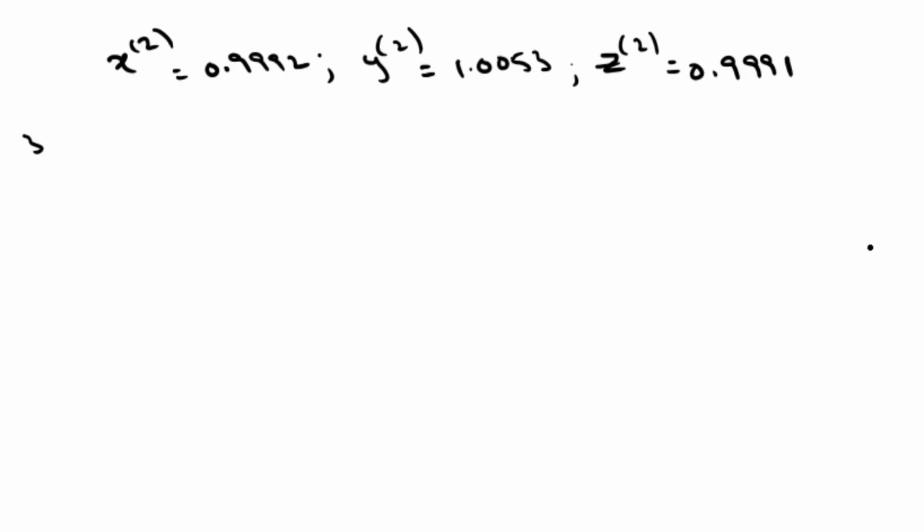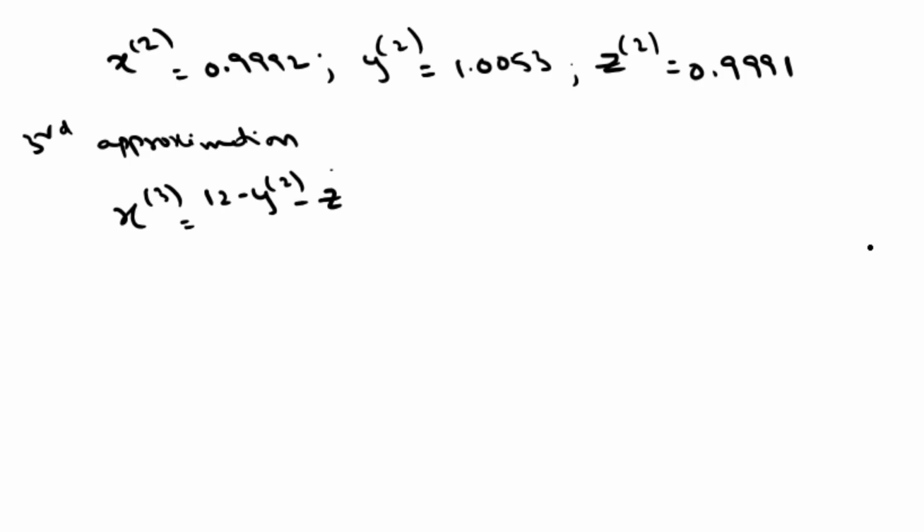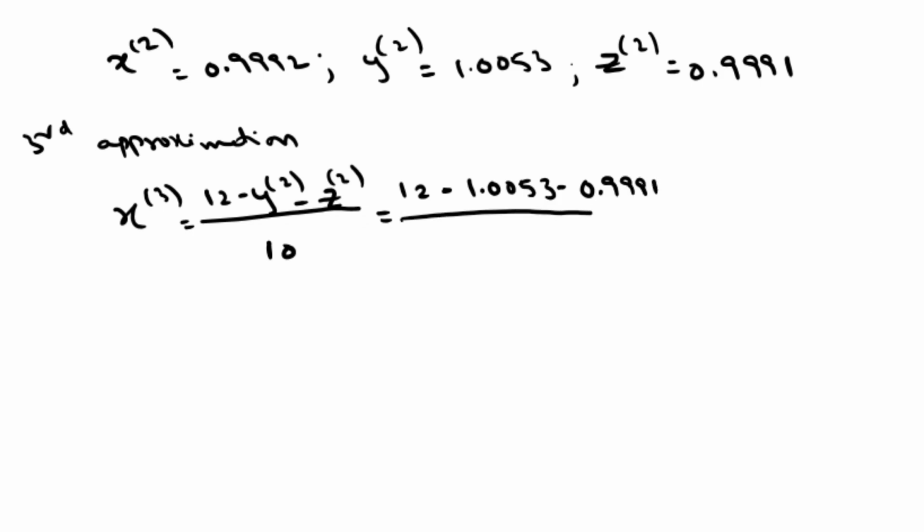Now for the third approximation, again we will find x of the third approximation, which is 12 minus y of the second approximation minus z of the second approximation, by 10, equals 12 minus 1.0053 minus 0.9991 by 10, equals 0.9995.